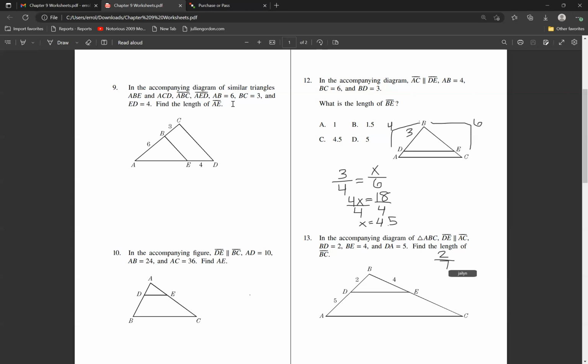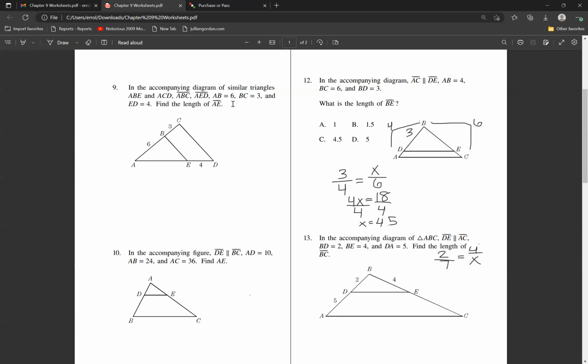Good. There you go. Over equals what? Good. Cross multiply. You're halfway there already. 2x equals what?